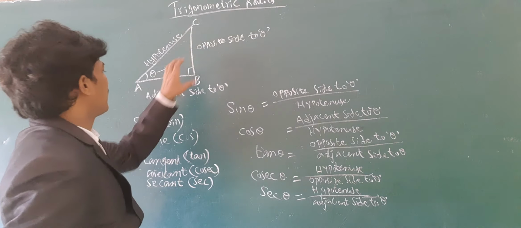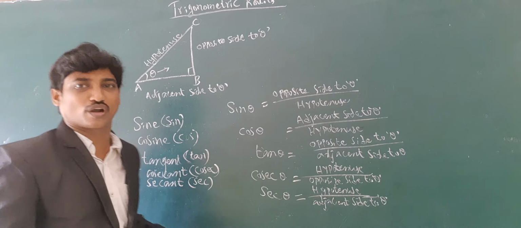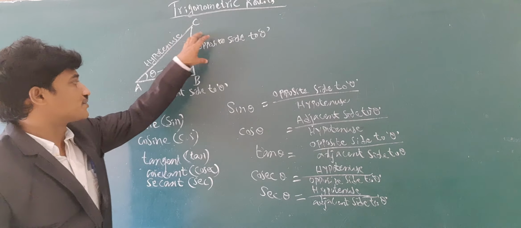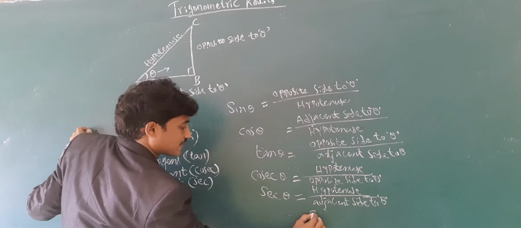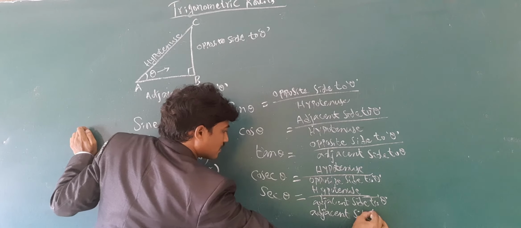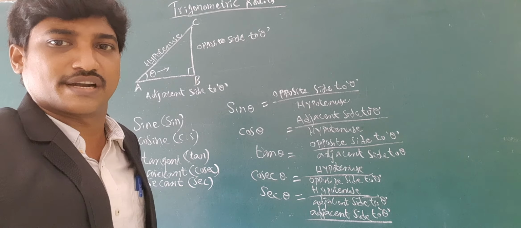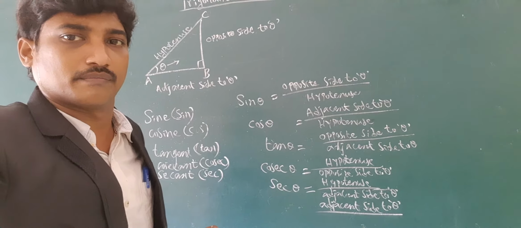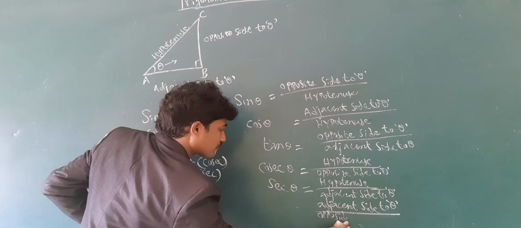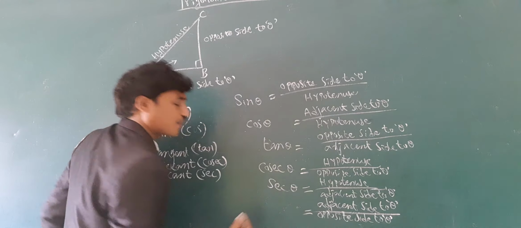Finally, opposite side to theta by adjacent side to theta, we named it as tan theta. Its reciprocal, adjacent side to theta by opposite side to theta, is also constant.